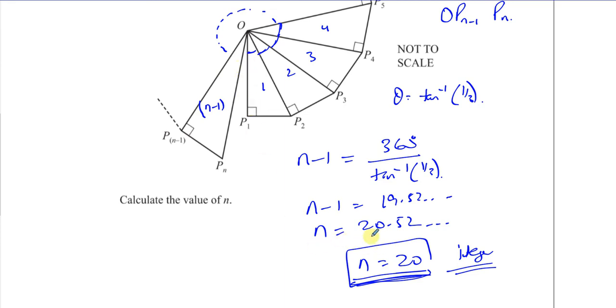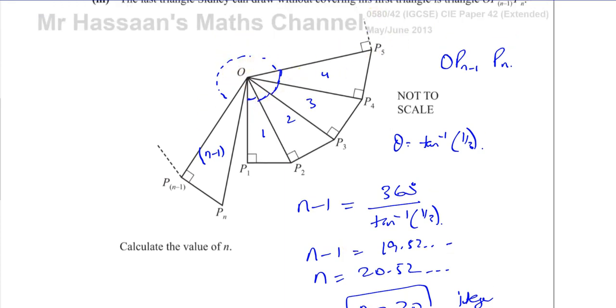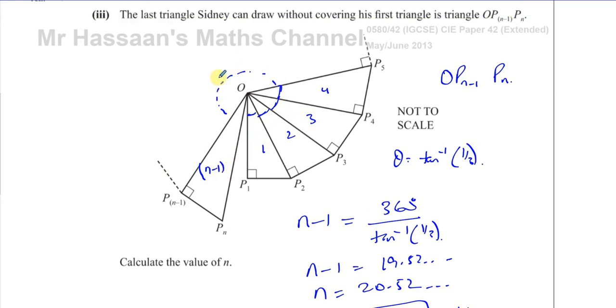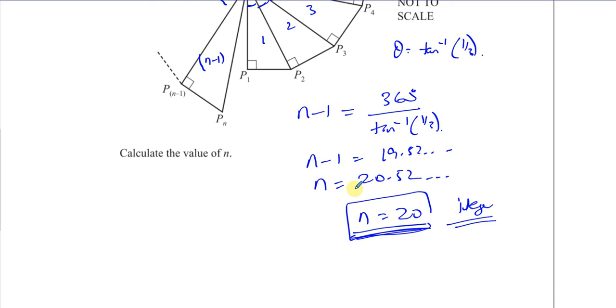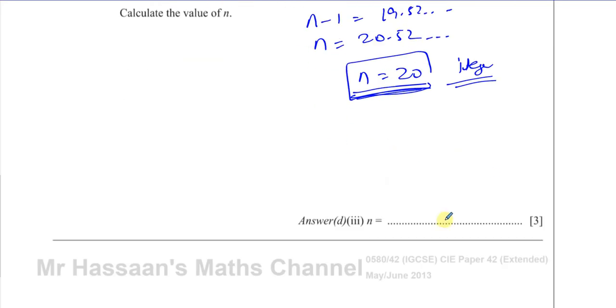So n equals 20. You can draw 20 triangles in the same way, going round, such that he won't overlap. That's the maximum number of triangles you can draw without covering the first triangle that he drew. So that's the answer to that question. So n equals 20. And there we have it.